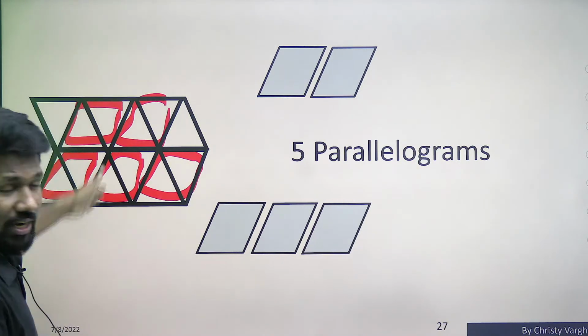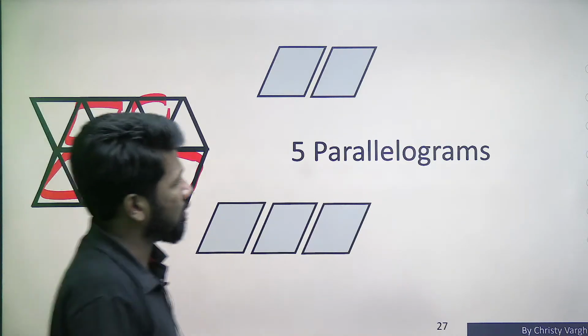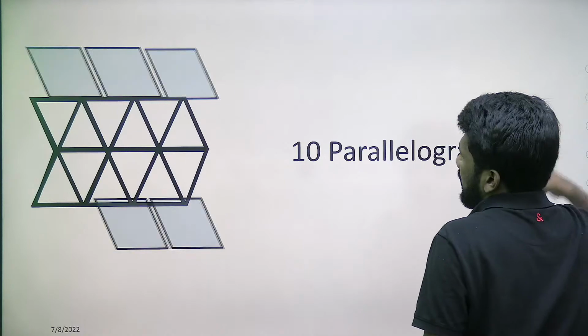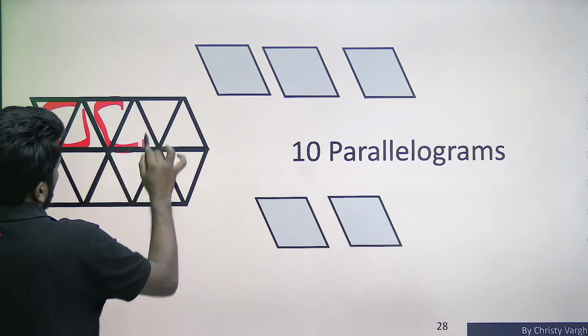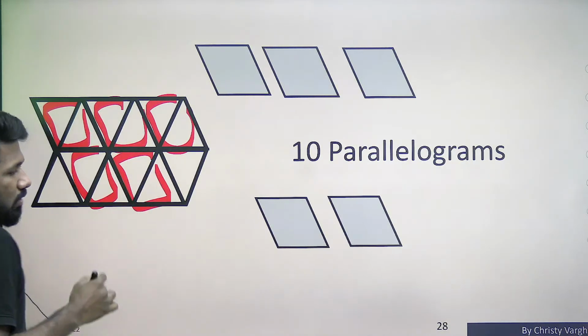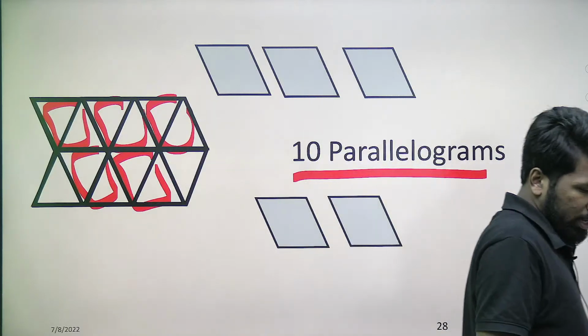That means in this direction 5 parallelograms. So in this direction also 5 parallelograms will be there, na? 5 more parallelograms you can see in this direction. Which are those? 1, 2, 3, 4, 5. That means 5 plus 5, now total 10 parallelograms already counted.